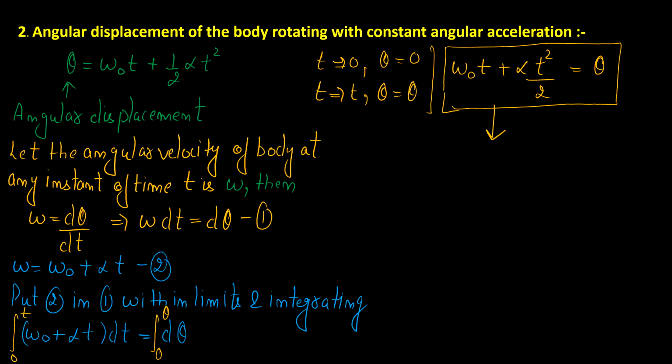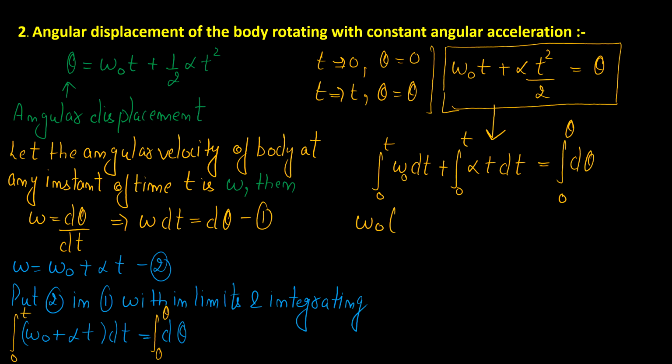Otherwise, I also derive in detail, that is multiply dt in the equation, or we say open the brackets, we get integral 0 to t of omega naught dt plus integral 0 to t of alpha t dt equal to integral of d theta, which is 0 to theta. Then apply the integration formula. Omega naught is constant.